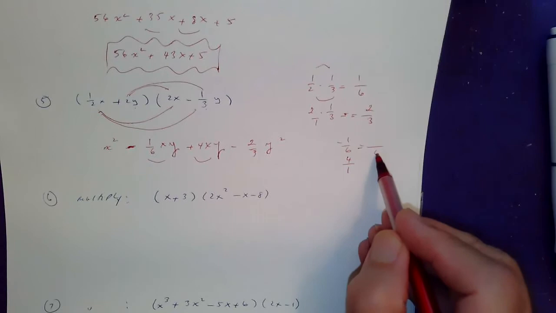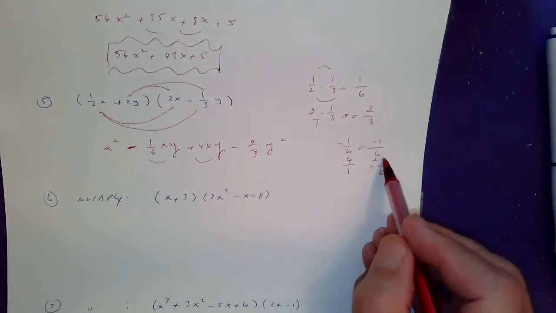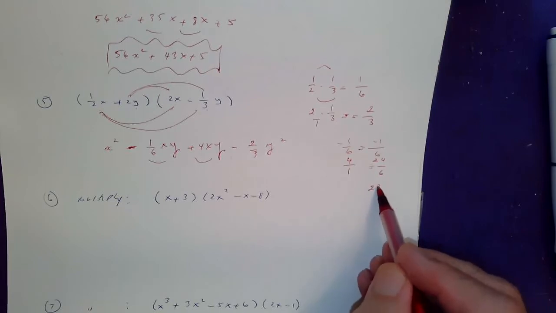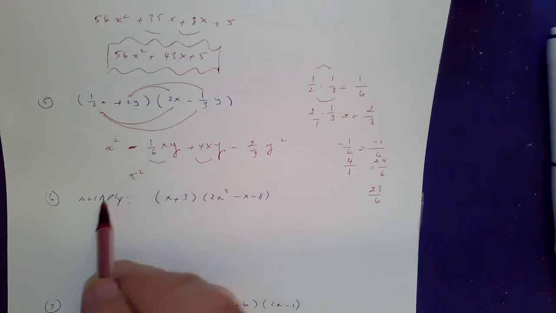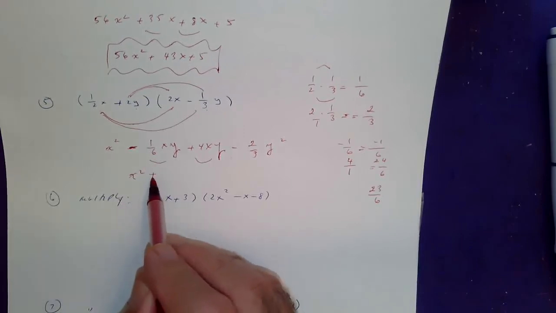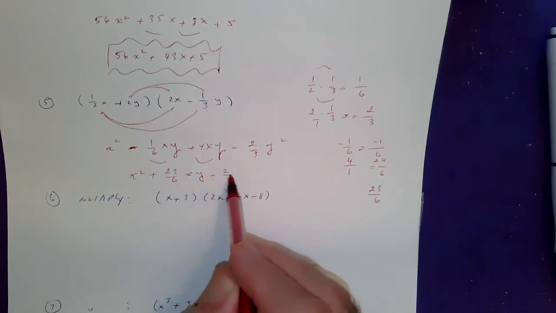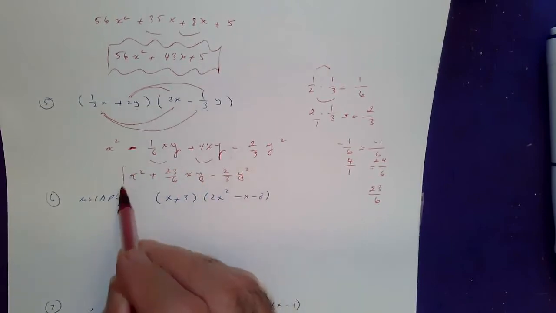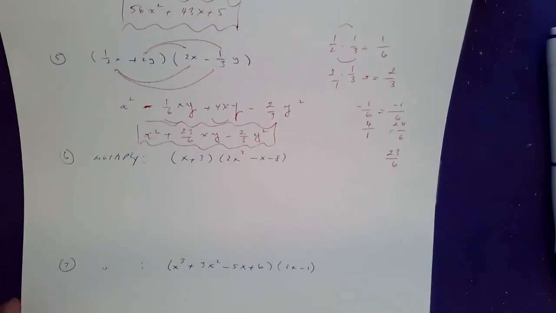Lowest common denominator is 6. This guy stays the same, but this guy will be 24. My guess is the answer is 23/6. So that would be x squared plus 23/6 xy minus 2/3 y squared. Final answer. Do you all see it?